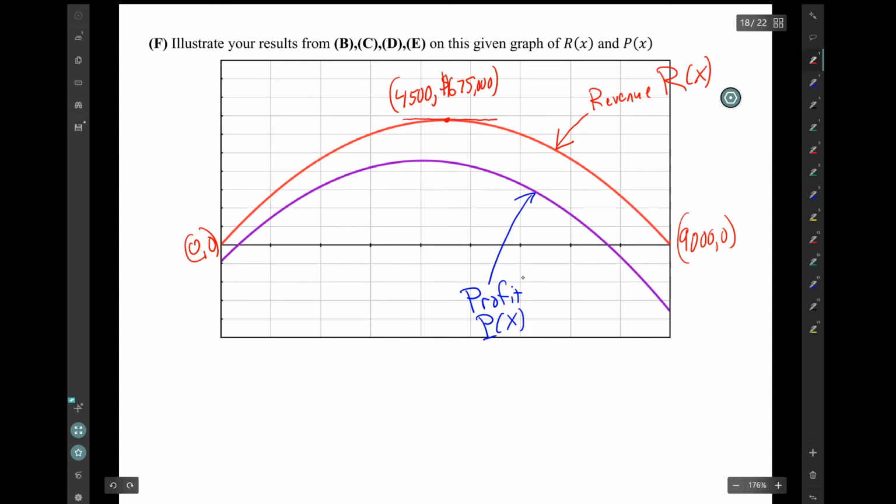When 4,500 cameras are made each week at a selling price of $150 per camera, the revenue is $675,000.